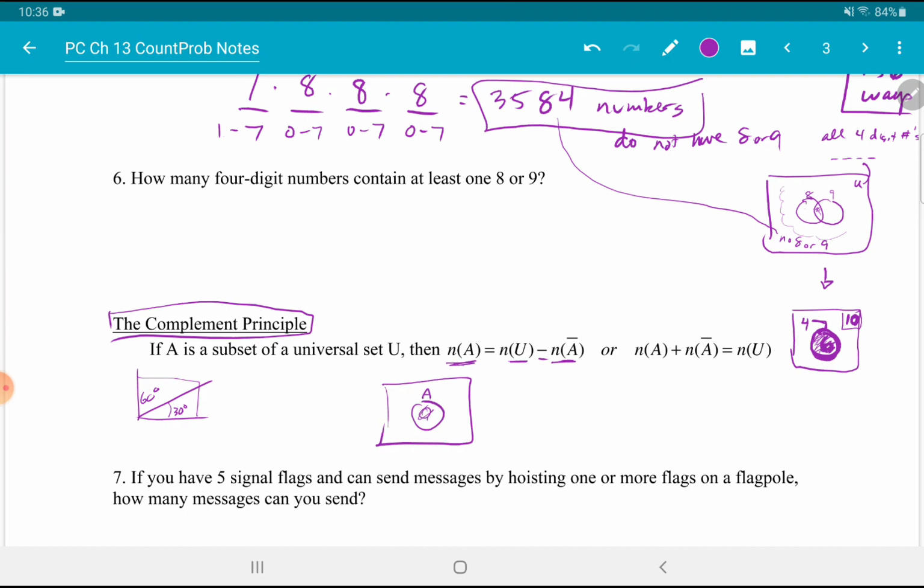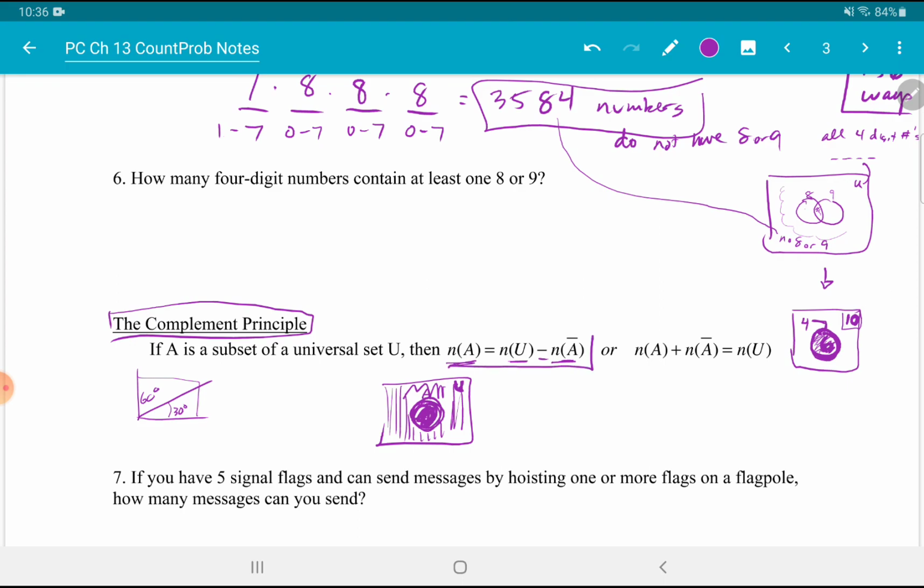And the number of items that you see in here is basically taking your universal set and subtracting all the stuff that's not A. Taking this out, you'd actually only be left with the circle. You'd only have that. Okay?